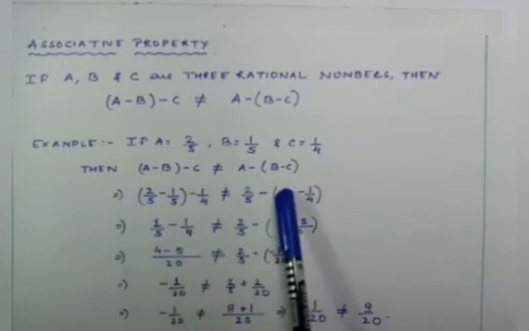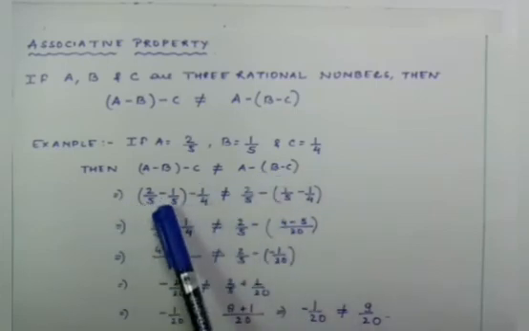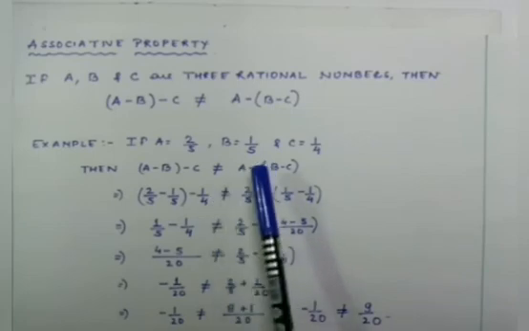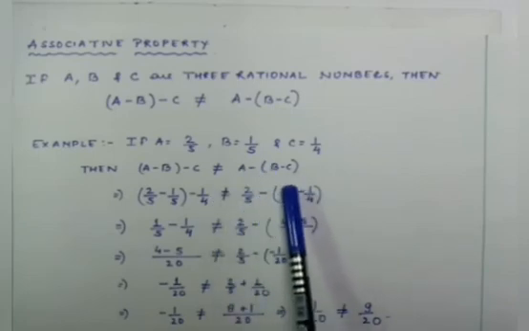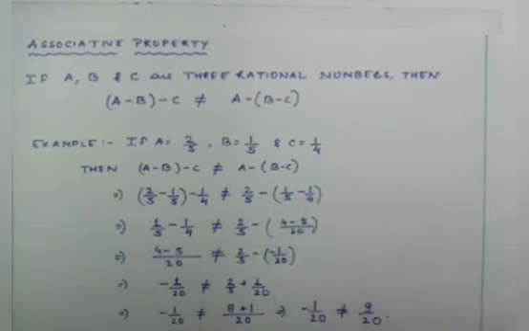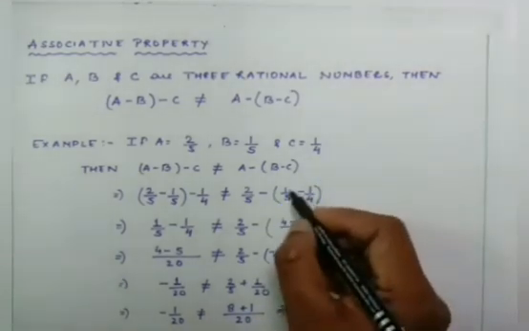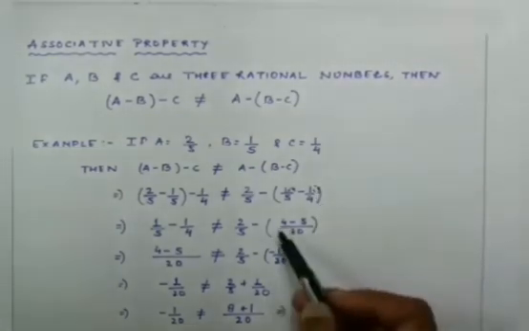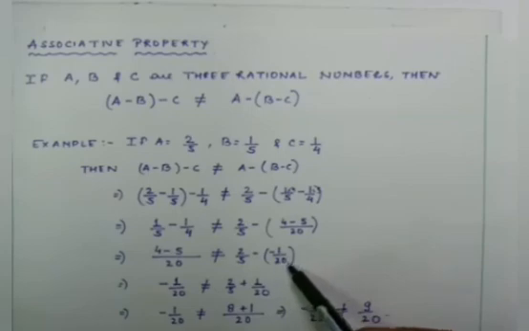Now we are going to put the values of a, b and c on both LHS and RHS. (2 upon 5 minus 1 upon 5) minus 1 upon 4 is not equal to 2 upon 5 minus (1 upon 5 minus 1 upon 4). So on the left, 1 upon 5 minus 1 upon 4. The LCM of 4 and 5 is 20. So 5 4s are 20, 1 4 is 4, and 4 5s are 20, 1 5 is 5.